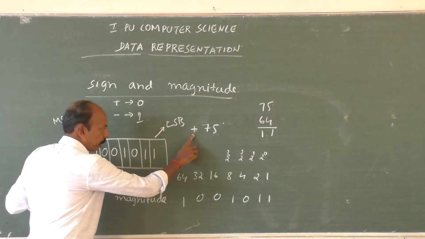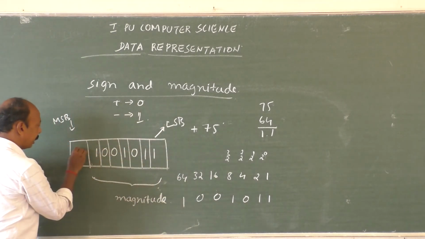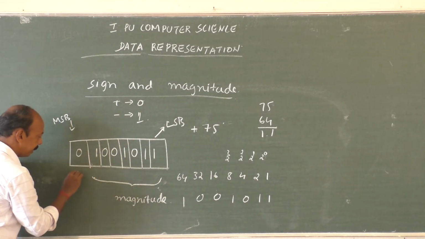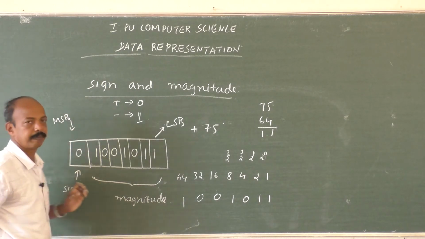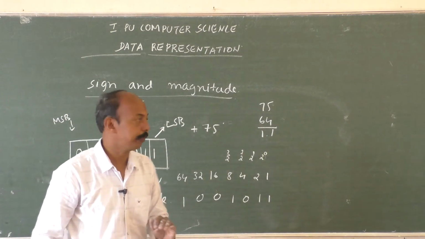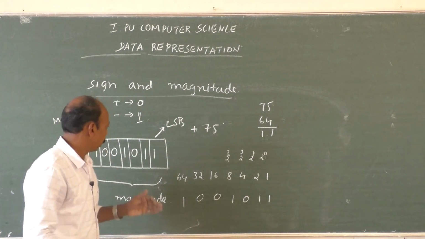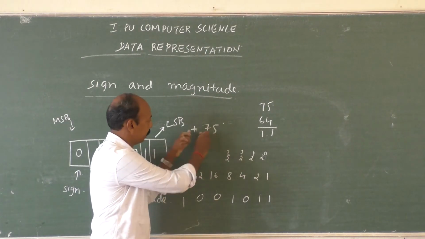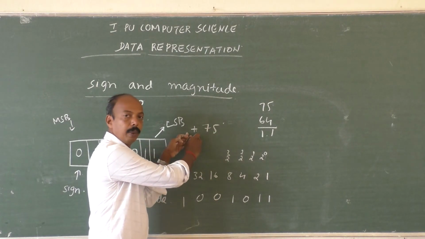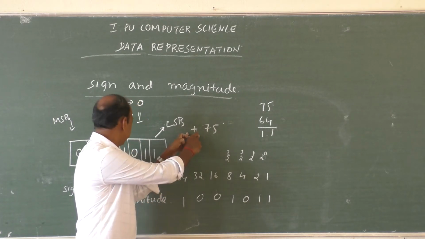What we want to represent here is plus, so we will write a 0 and this is sign. The topic that we are looking at is sign and magnitude. So magnitude is what's given to us, how much it is, and then the other one is sign, whether it is plus or minus.